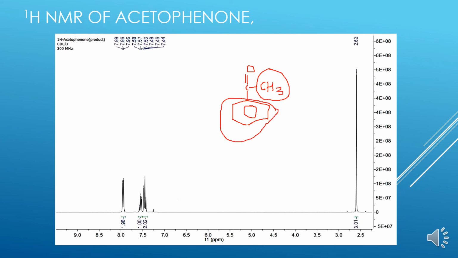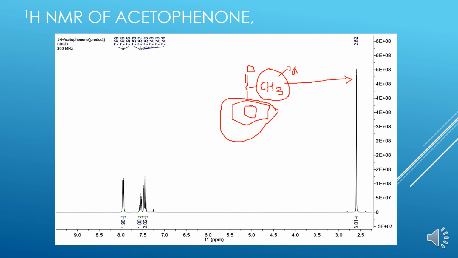The alkyl group is labeled as A. These alkyl protons, or methyl protons, have no neighboring protons, so they will not split here, and will give you a single peak.